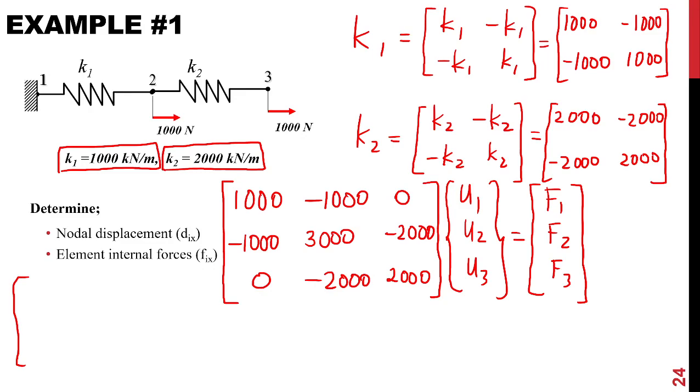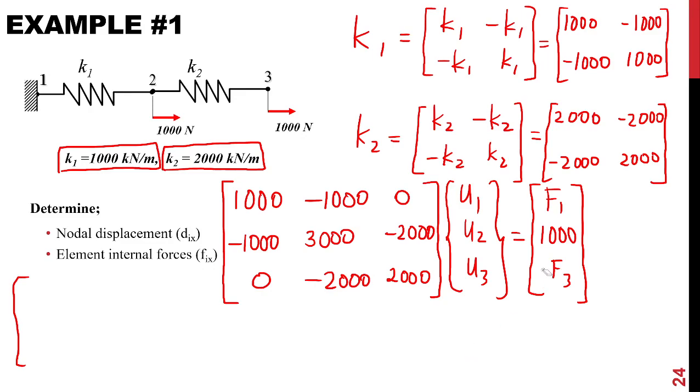This is the global equation dia. Global solution dia. Untuk finite element yang ada 2 elemen saja, ada 3 unknown, 3 nodes. Again, F2 ni ada value, boleh letak terus sebenarnya. 1000 kah? 1000.